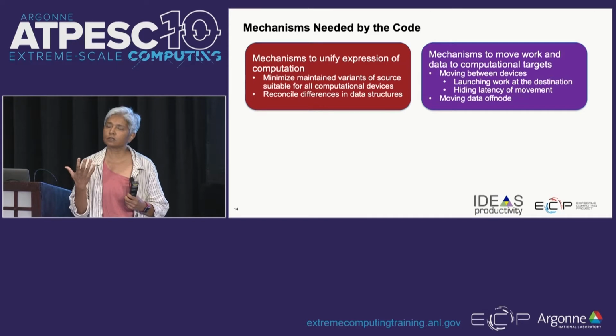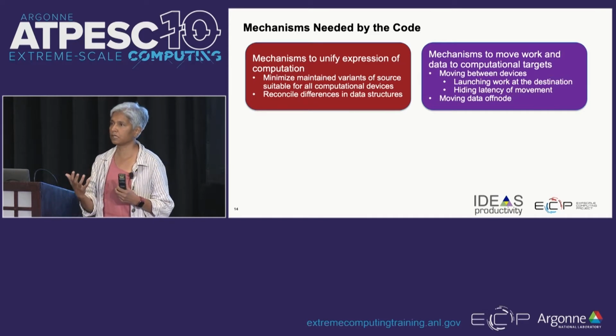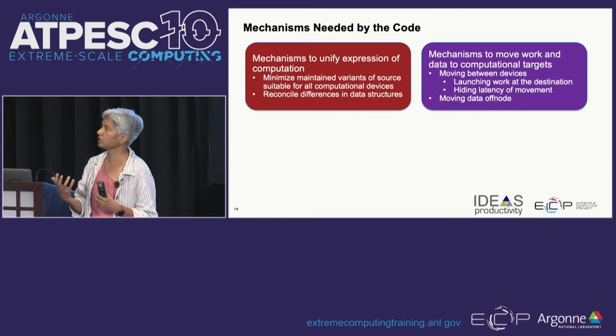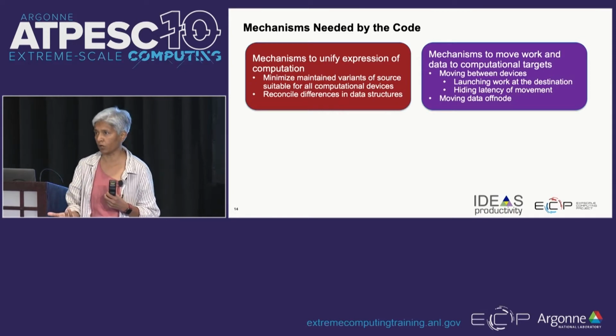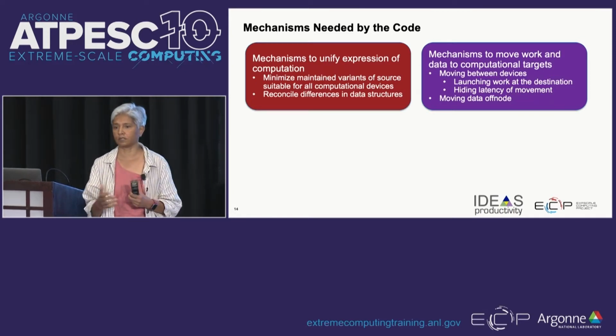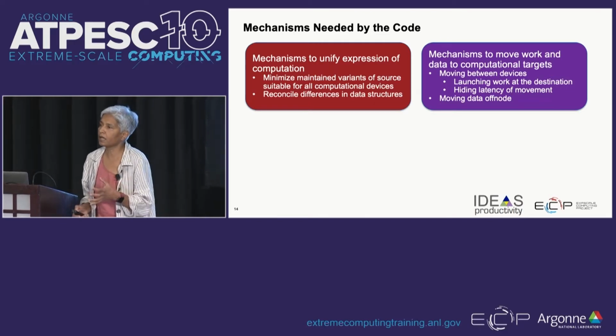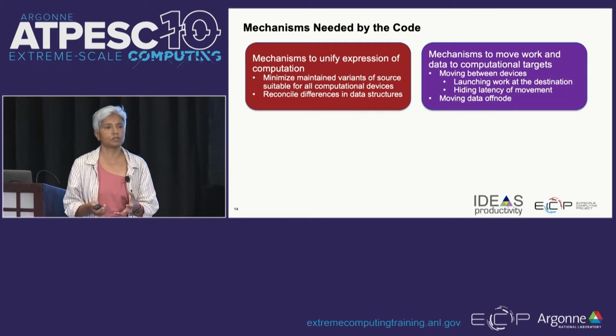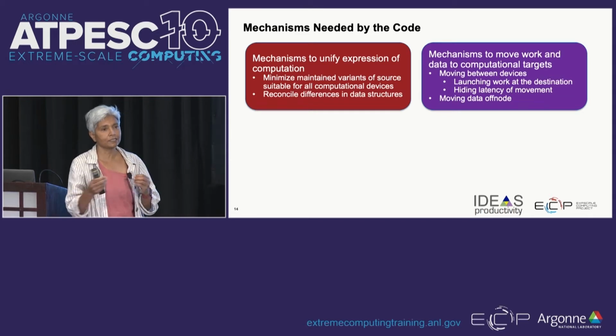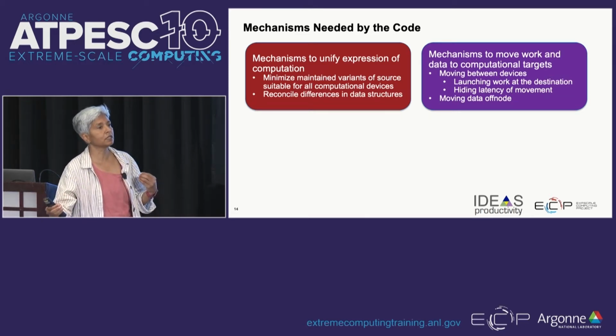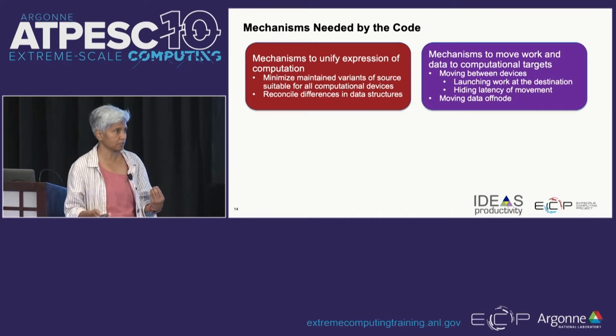And then when the data and computation have been moved to the device, you want to be able to launch the computation at the target device, right? And if you want to utilize your resources well, you want to do it in such a way that the latency of data movement is hidden, so that it becomes a hidden cost and doesn't remain an explicit cost, because that's usually very expensive.